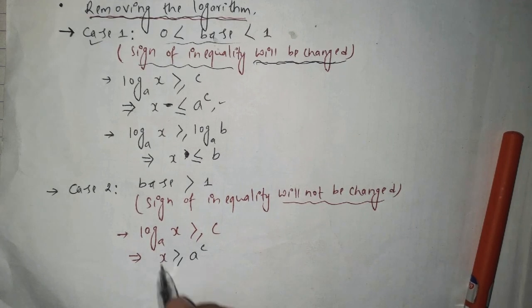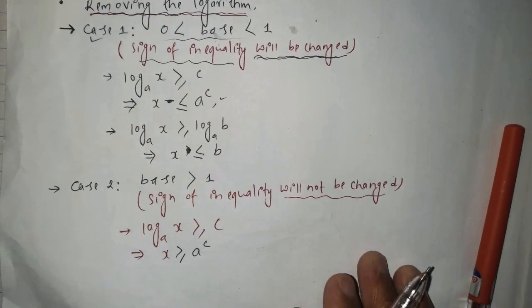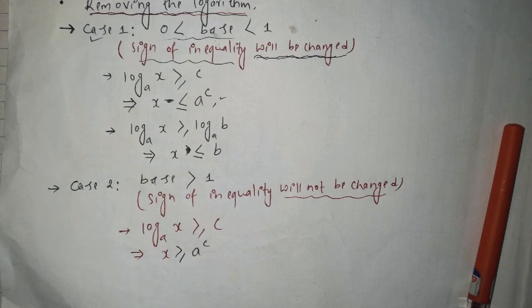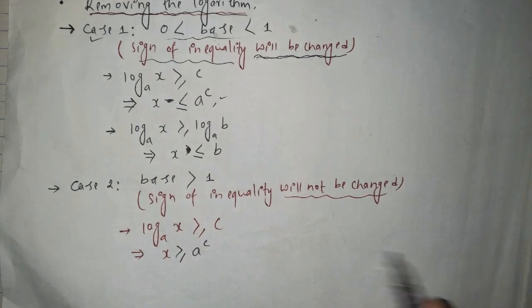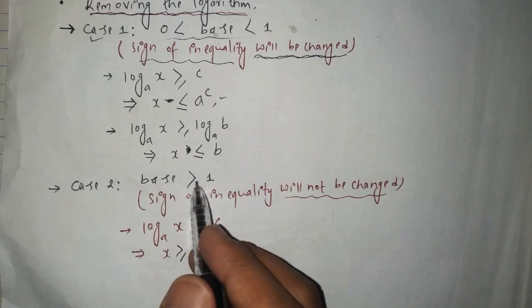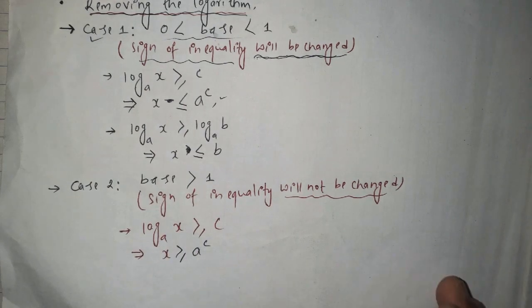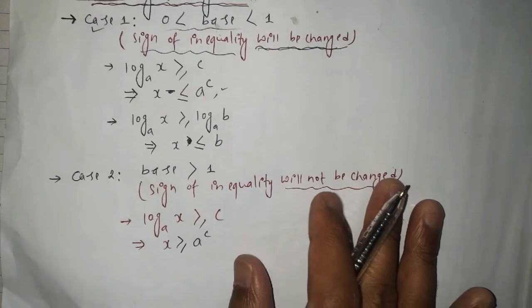Here we just change into the exponential form by removing the logarithm. This is the case where the base is greater than 1, so the sign of the inequality will be the same.